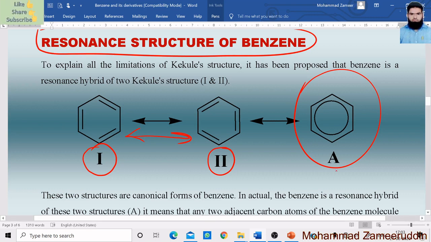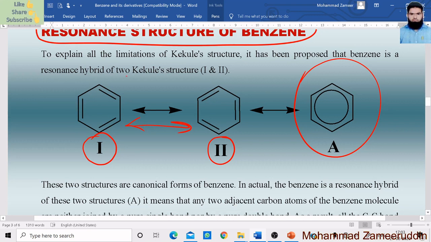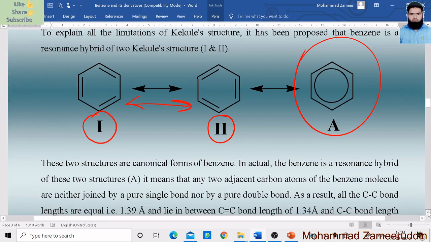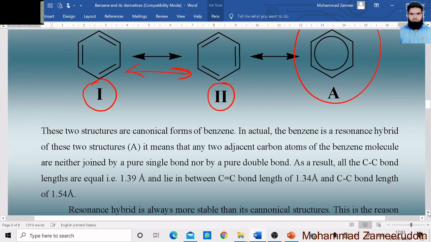So this is called the resonance structure of benzene. These two structures are canonical forms of benzene. In actual, benzene is a resonance hybrid of these two structures, the first structure and this second structure.